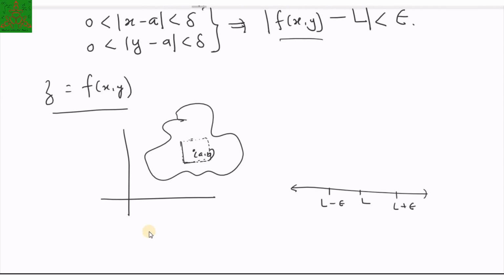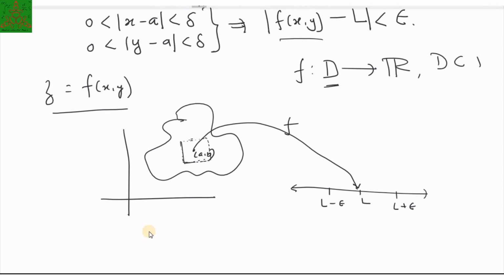That will be the neighborhood of L. We have taken our function f as defined on some domain D to R, where the domain is a subset of R square, which is an open set. That set has to contain some neighborhood of (a,b).